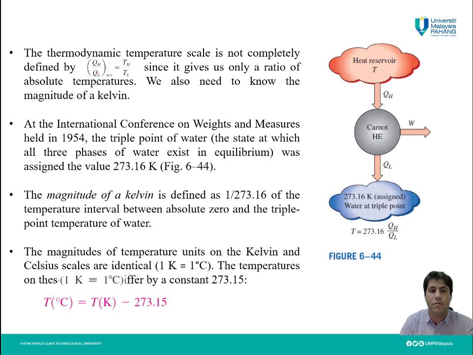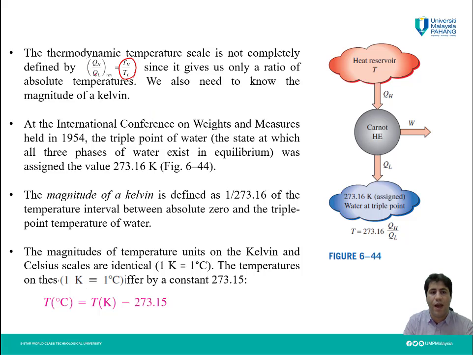We need to define that. Moreover, we need to know the magnitude of this absolute temperature. However, you may already know about that. I explained here why we have this scale for temperature.